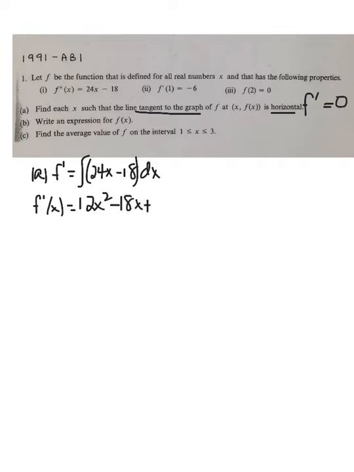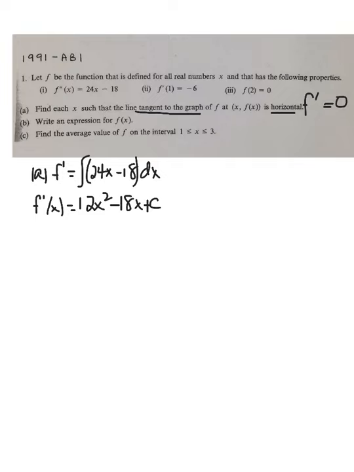So we are going to start with f double prime, because that's what we have, and we're going to integrate it to get f prime. So f prime is equal to the integral of 24x minus 18 dx. So f prime of x will be 12x squared minus 18x plus c.